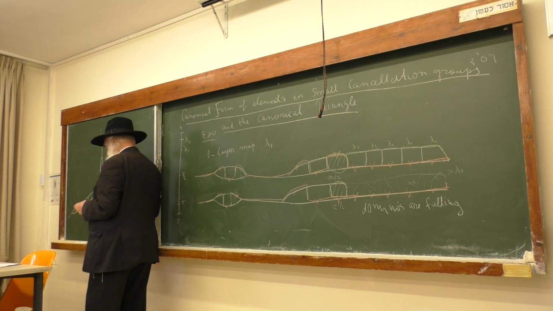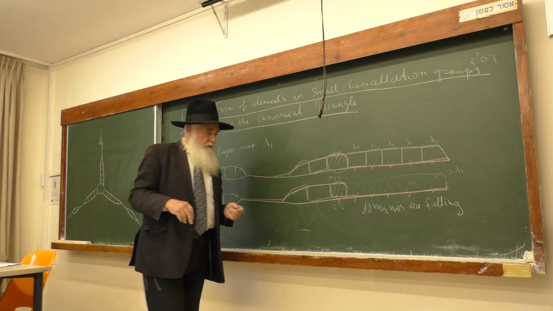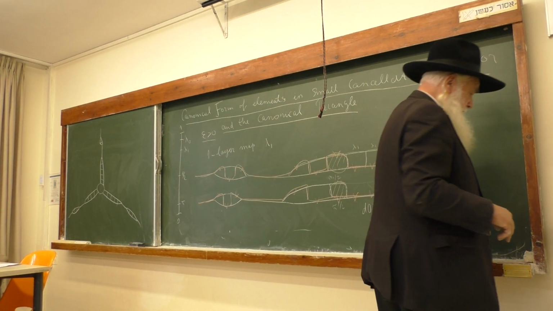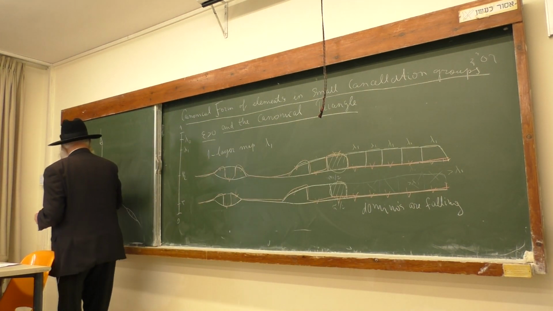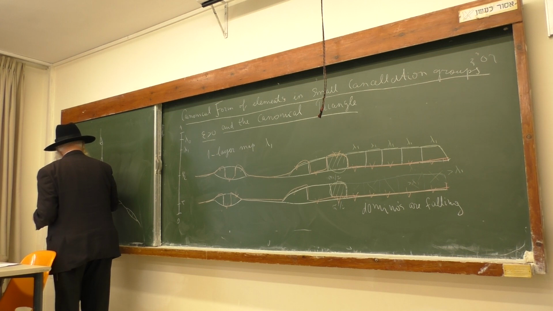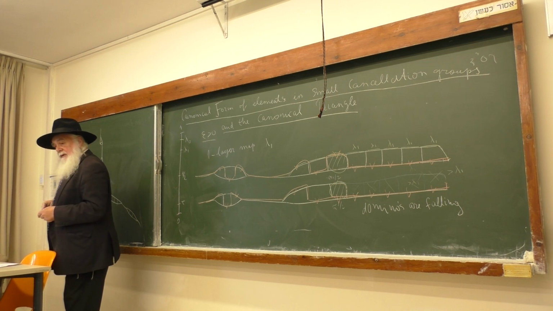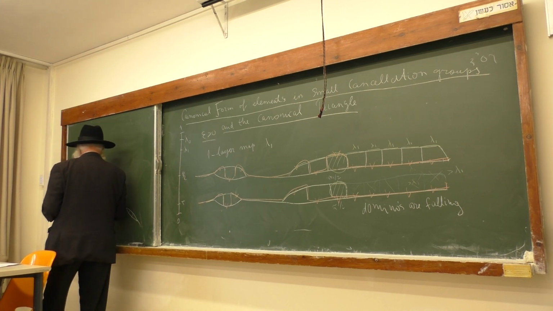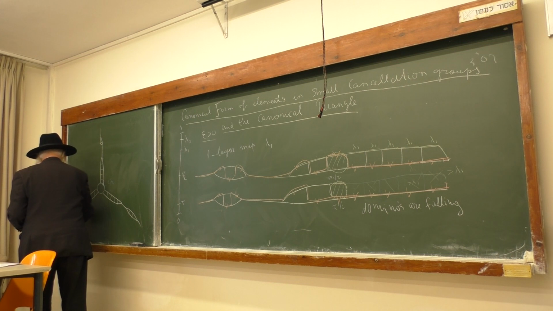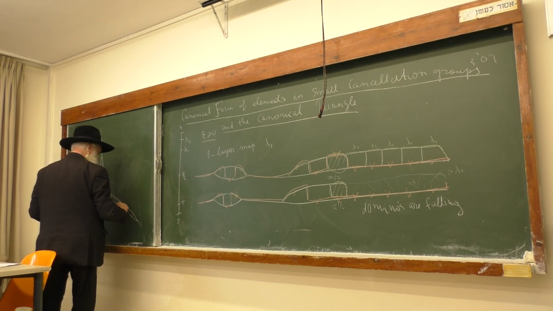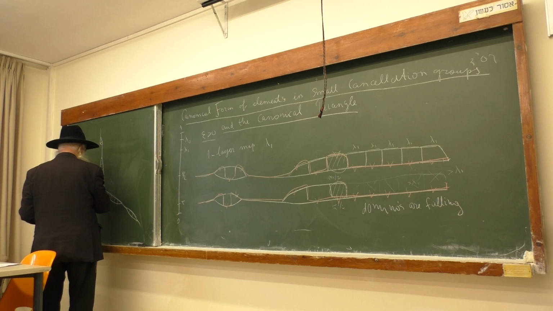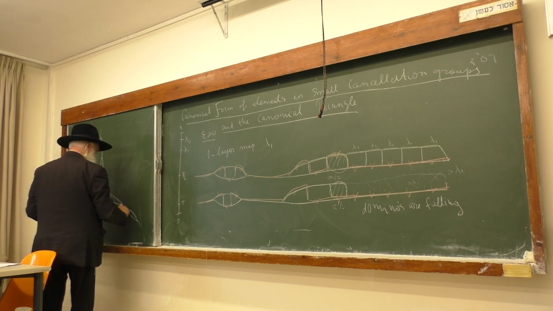For example, we may assume that this one is less or equal to lambda 1, then we will have the one layer map for the first and the third in this way, including this central cell.